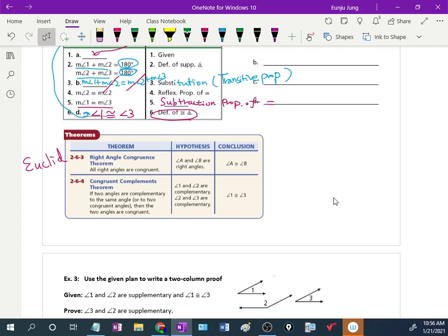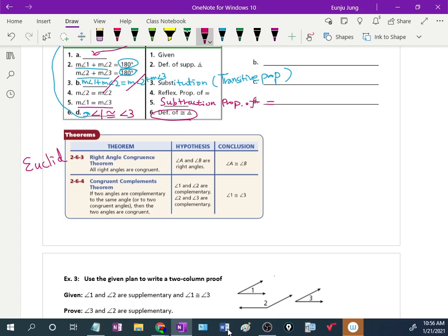So this is actually not a theorem, this is a postulate. So we have nothing to prove, okay? Postulate. But never mind, it's from the book. So the hypothesis will be angle A, angle B are right angles, and the conclusion, angle A, angle B are congruent. Okay, so that is it.